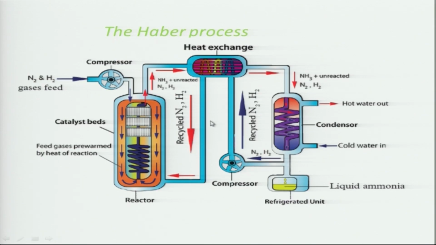Those that have not reacted, the unreacted nitrogen and hydrogen, should go back and be recycled, you see. There is a cold water supply here to cool or condense the gas. So liquid ammonia is formed here. Because it comes in the form of a vapor, it is cooled down here in a condenser, which is supplied with cold water.